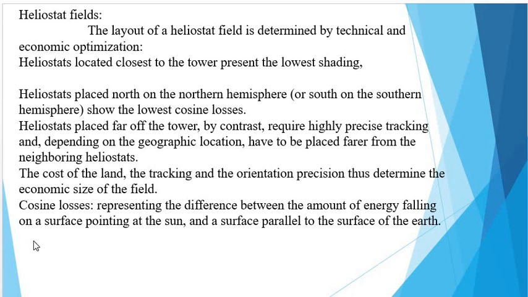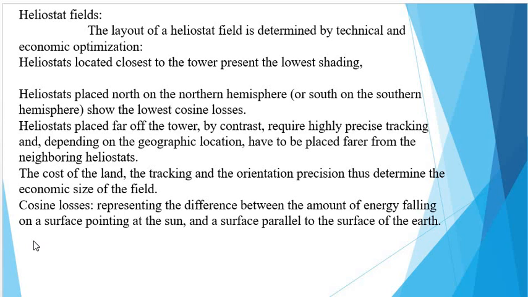Heliostat field. The layout of the heliostat field is determined by economic optimization. Heliostats located closest to the tower present the lowest shading. Heliostats placed north of the tower in the northern hemisphere have the lowest cosine losses. Heliostats placed far off the tower, by contrast, require highly precise tracking and, depending on the geographic location, have to be placed farther from the neighboring heliostats.